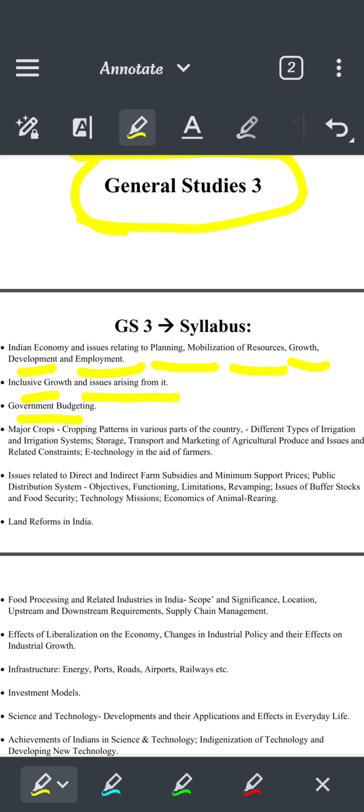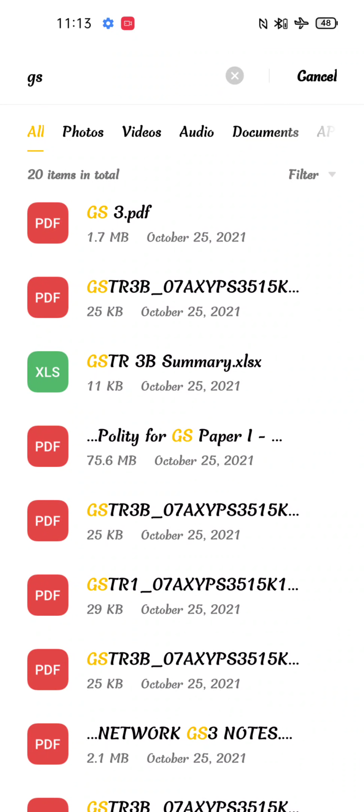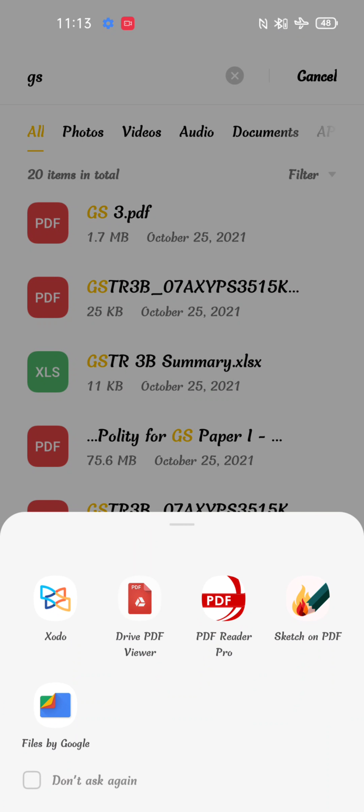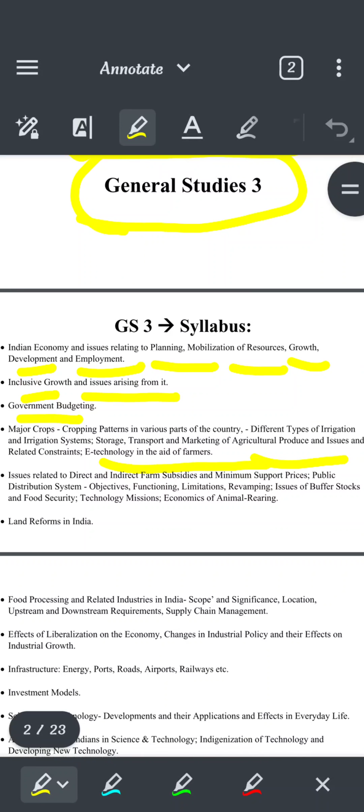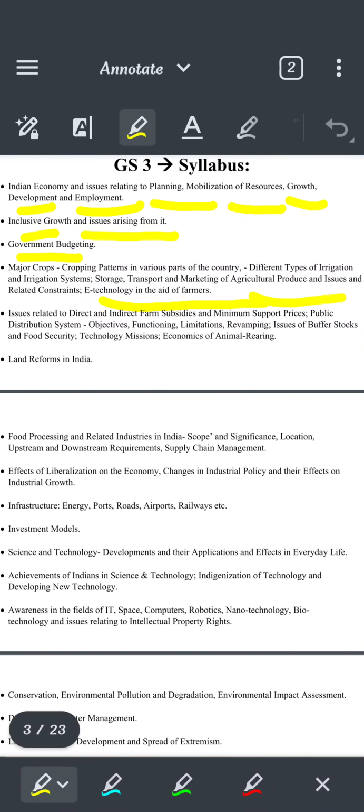Next are the major crops, cropping patterns in various parts of the country, different types of irrigation and irrigation systems, and issues arising out of that, which we will study. Next is land reforms in India. We'll study what the land reforms are and how they get influenced by various factors.